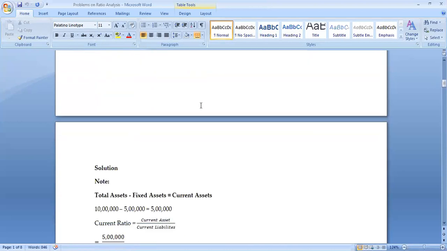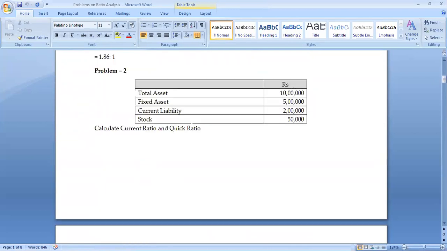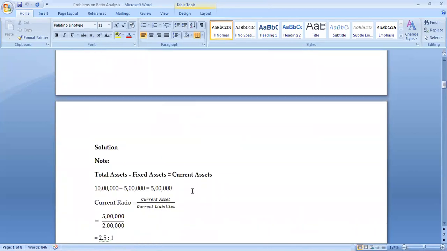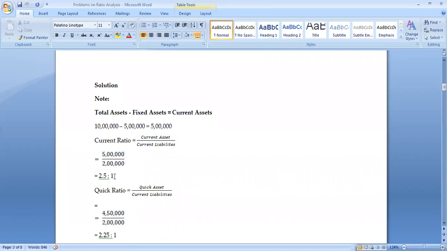Total assets minus fixed assets gives you the current assets. 10 lakh is the total assets, fixed assets is 5 lakh, so current assets will be again 5 lakh. So current ratio is current assets divided by current liability: 5 lakhs divided by 2 lakhs gives you 2.5 is to 1.